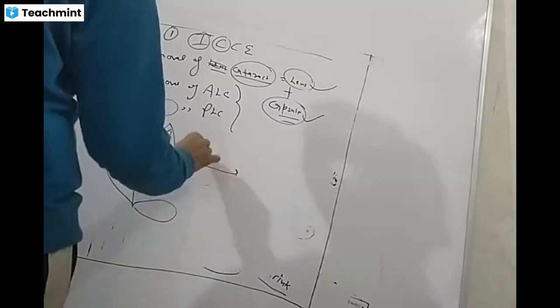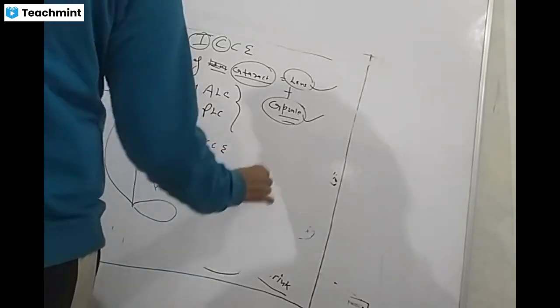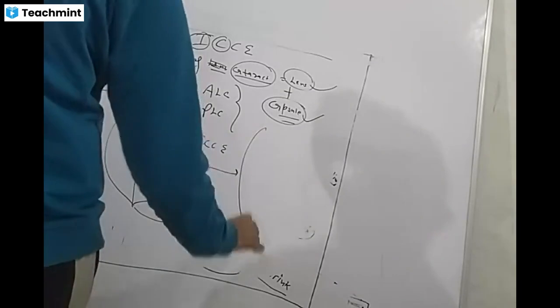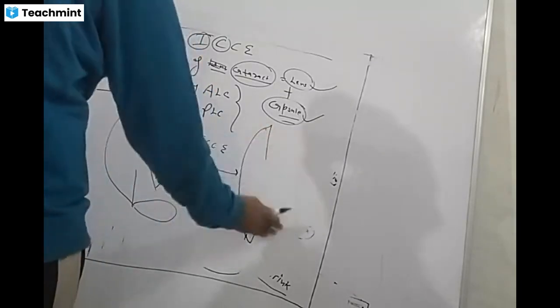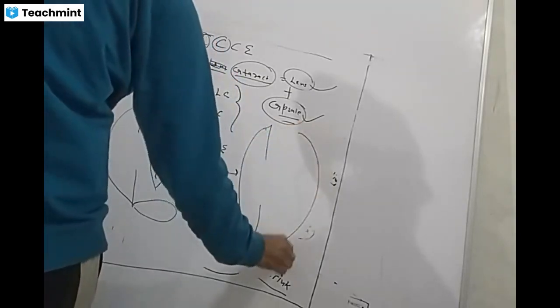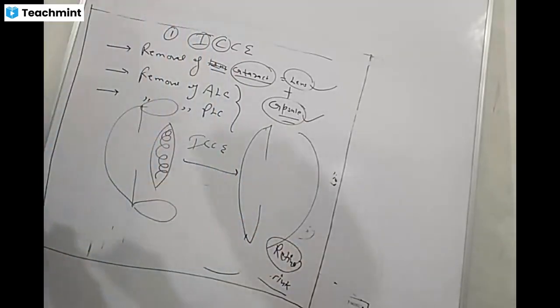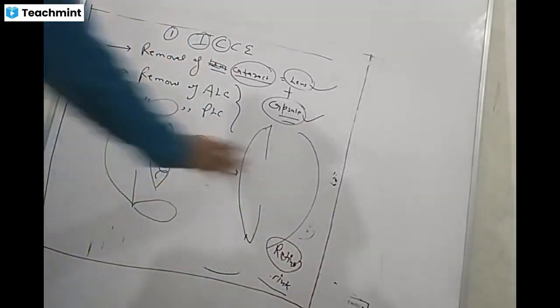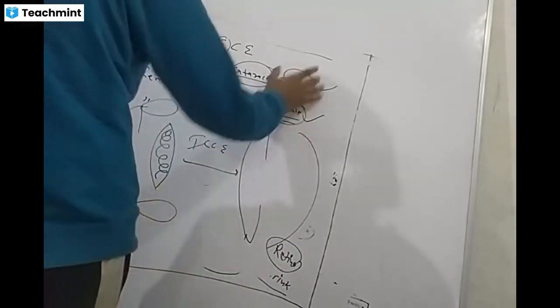So if we look at the ICCE, then this is the cornea, iris, and the whole lens is removed; behind this only the retina is left. What is this? Retina. So this lens is removed along with the capsule.